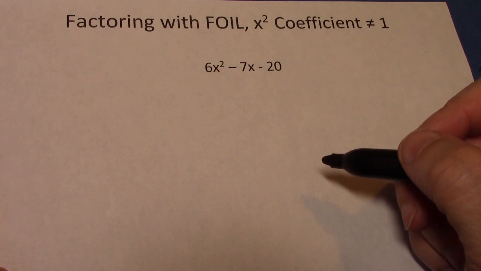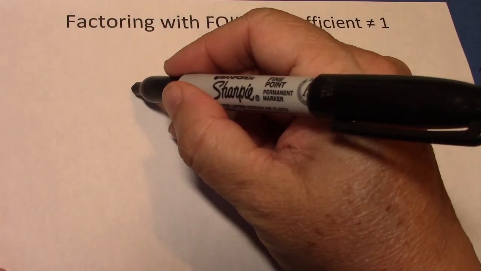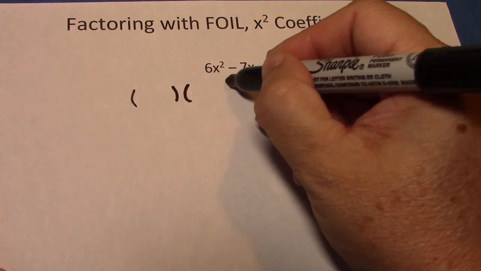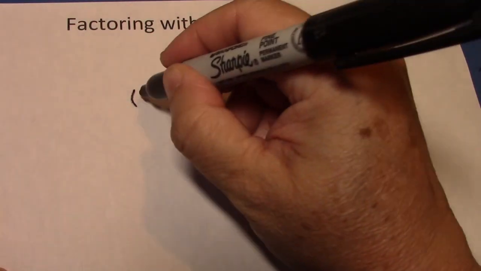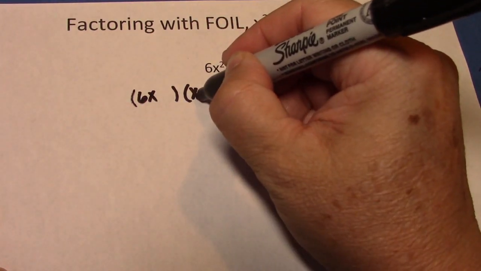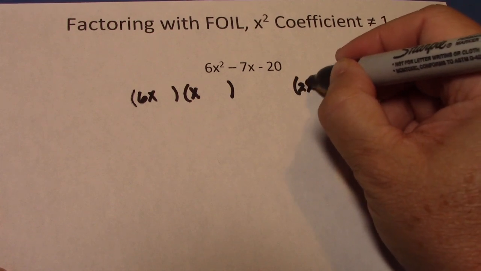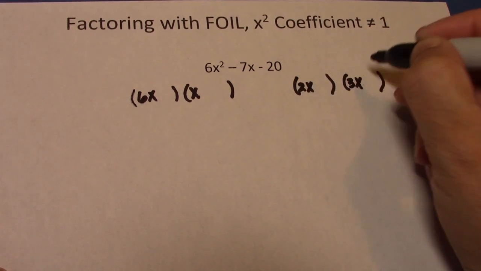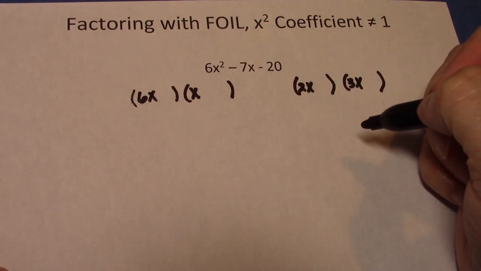We'll do one more example. This one has a 6x squared. So now, there's 2 options we're going to need to consider. This is either 6x and x multiplied together, that would give us 6x squared. Or one of these might be 2x and one might be 3x. That would also multiply together to get us 6x squared.